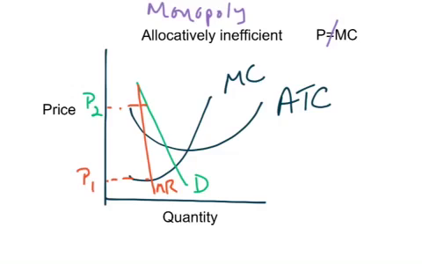And so for the monopolist, the monopolist is charging price P2. The marginal cost of production is price P1. So if we go up here, we see that the price, which is P2, does not equal P1. They're different prices. So this difference between the marginal cost and the price that the firm is charging shows that this is not allocatively efficient.